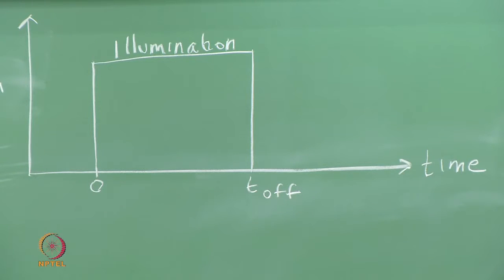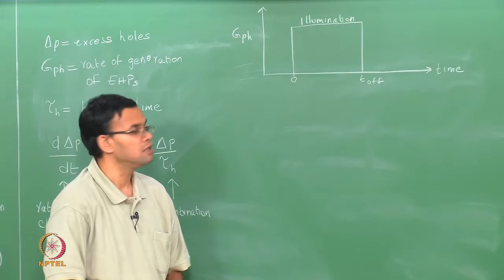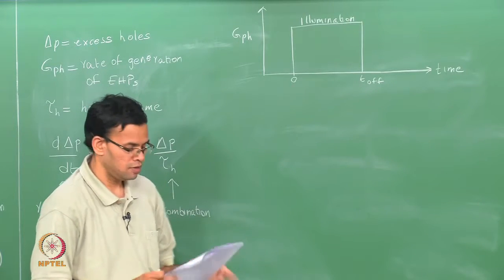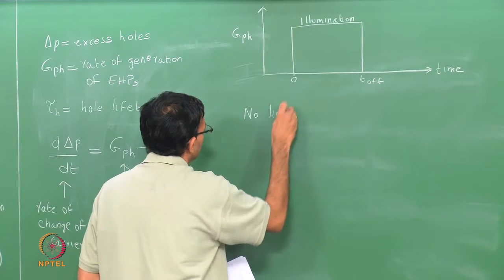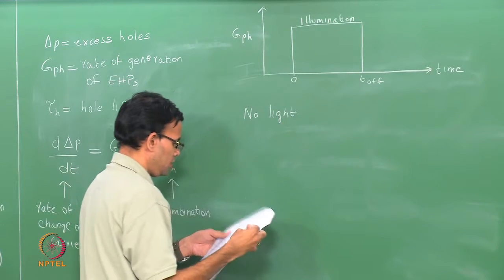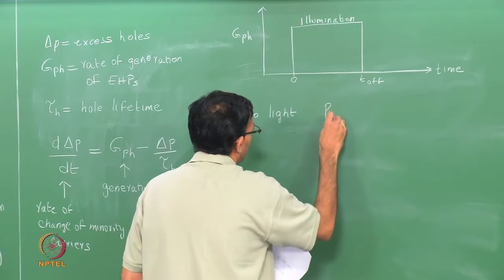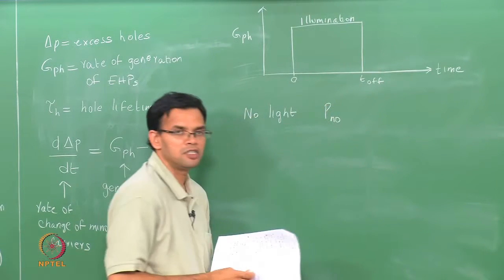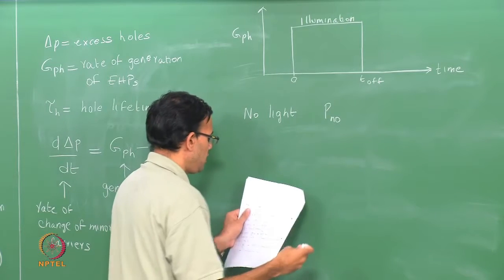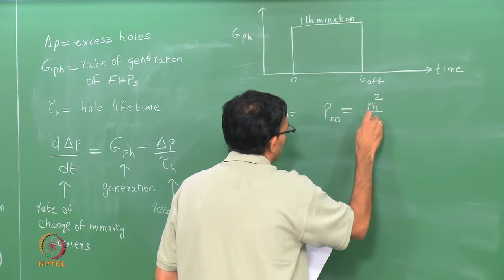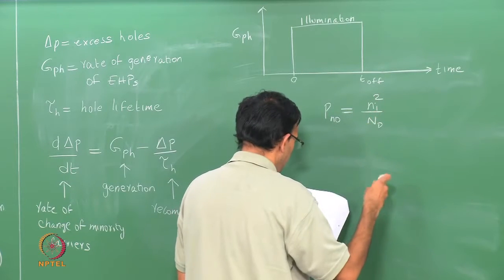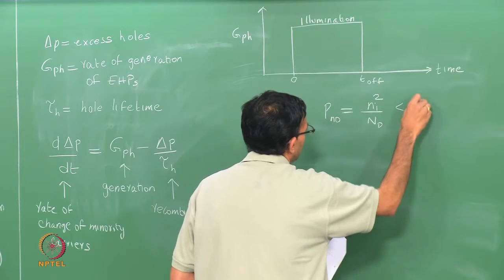The question we want to know is what happens to the minority carrier concentration in this process. So, when there is no light initially, p n0, which is just the concentration of holes in your n type semiconductor, is Ni square over Nd, which is much smaller than Nd.